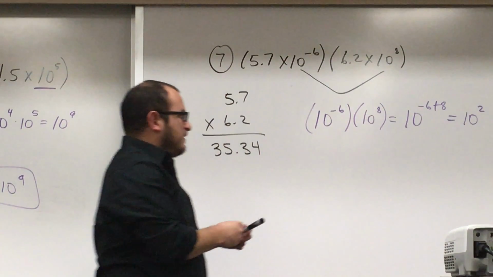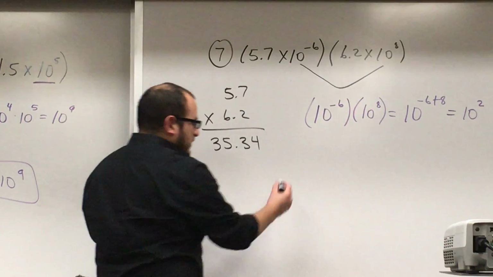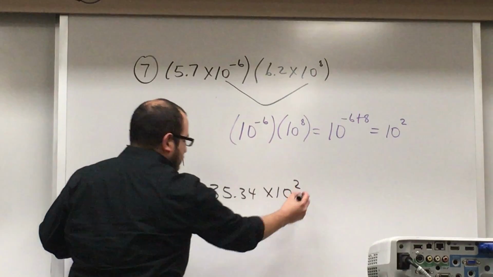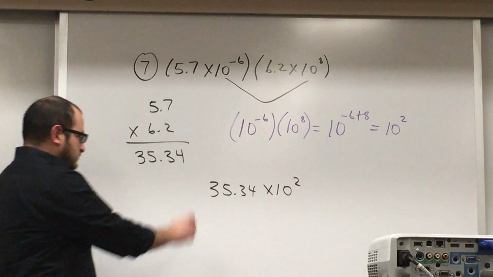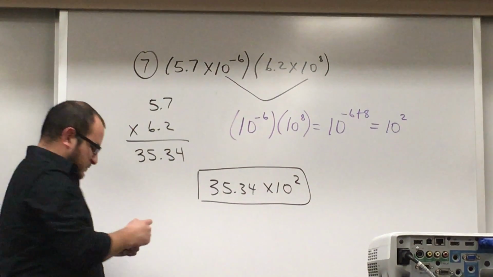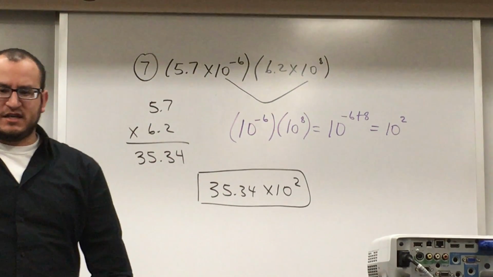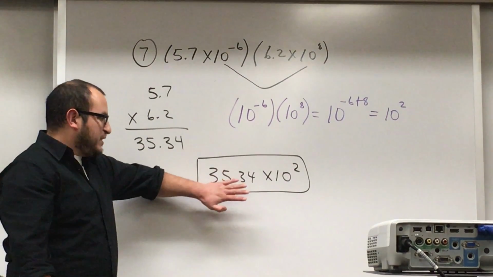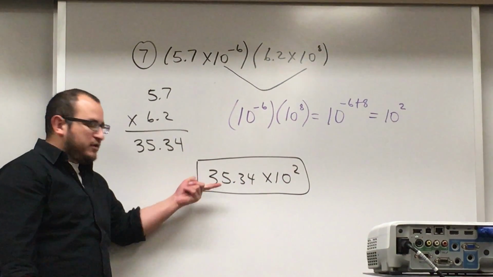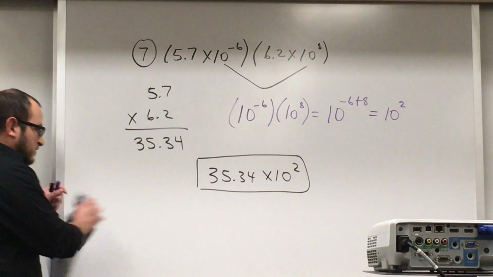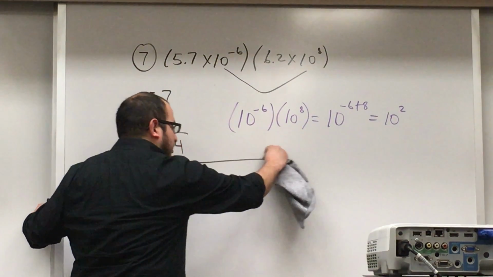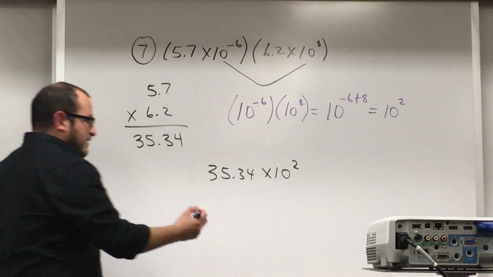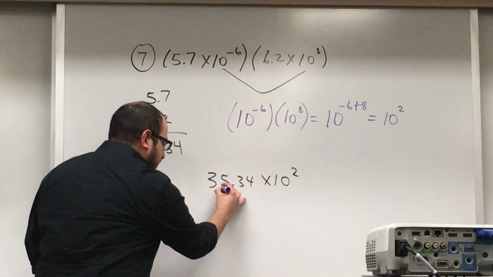Okay? Now, you put those two things together, we're going to get 35.34 times 10 squared. Okay? Now, if you were paying attention, okay, we know that this is a mistake. Okay? We cannot leave our answer like this because 35 is not between 1 and 10. So, Mr. Mira, like he always wants to trick you, was testing if you were paying attention. So, what you have to do, let's move this over to the left.